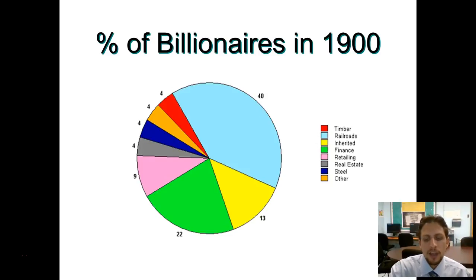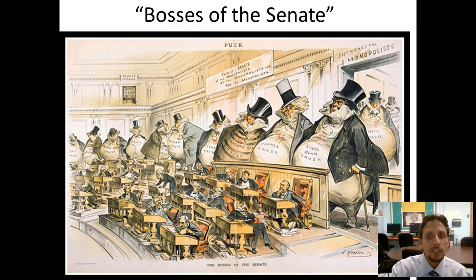Now, if you think about that, that's not laissez-faire economics at all. So when you look at it, these industrialists are swaying the government to stay out when it benefits them and to get involved when it also benefits them. And this leads to corruption.